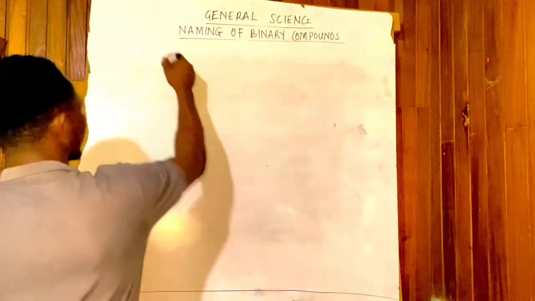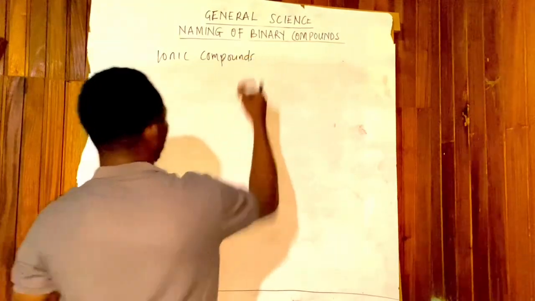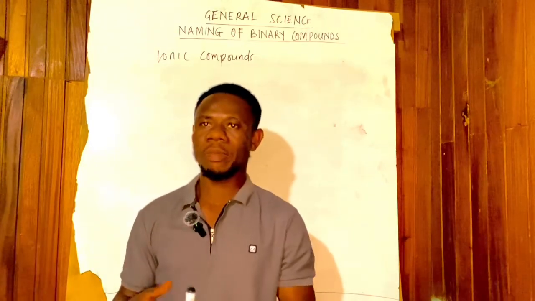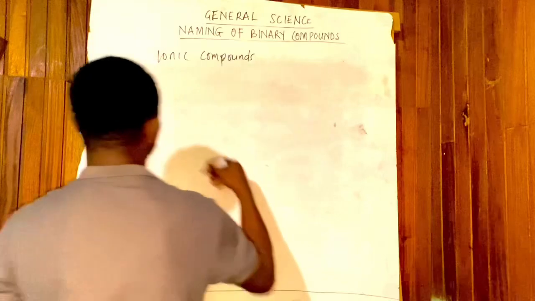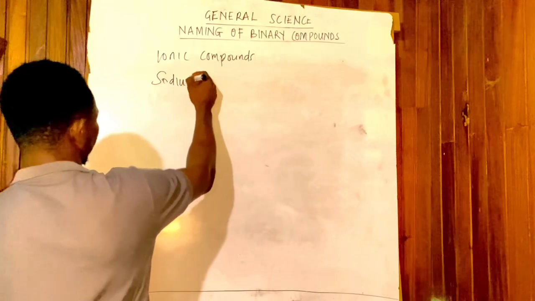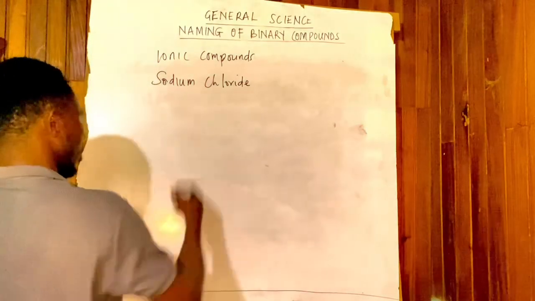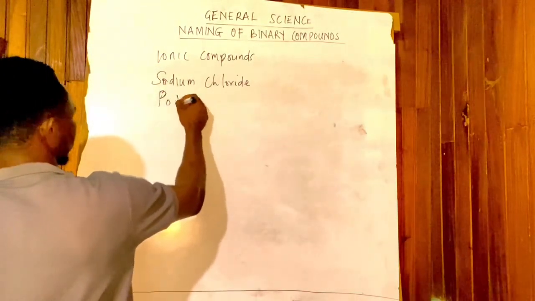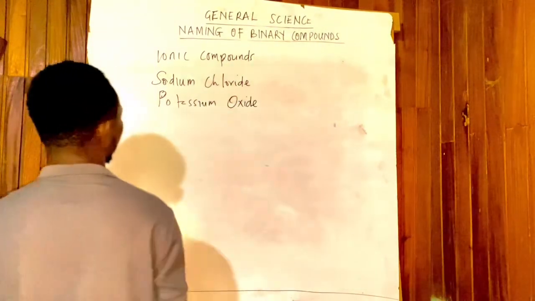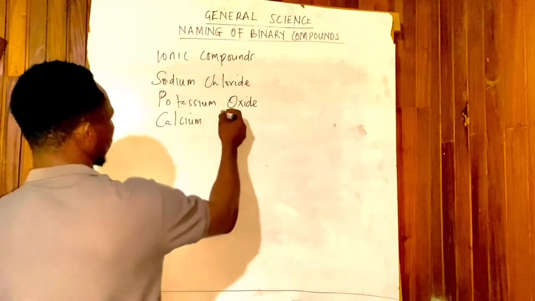So, for ionic compounds, they are composed of metals and non-metals. Examples of ionic compounds, we can talk of sodium chloride, potassium oxide, calcium chloride.